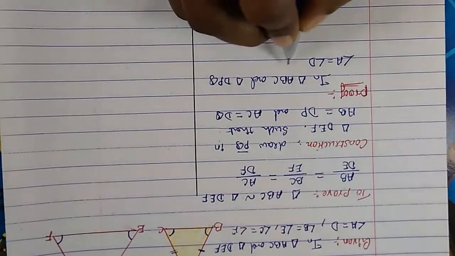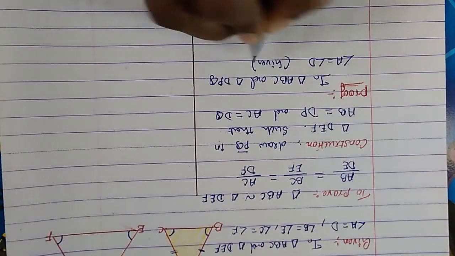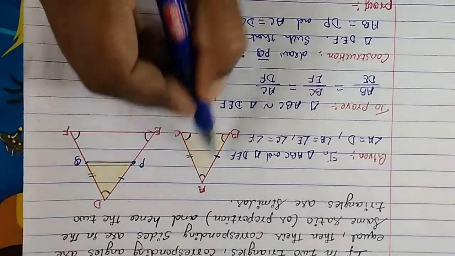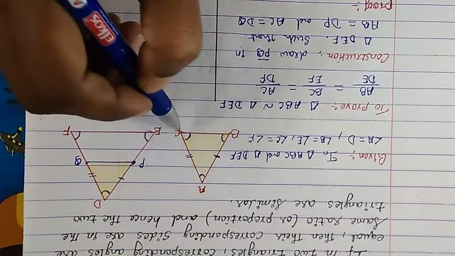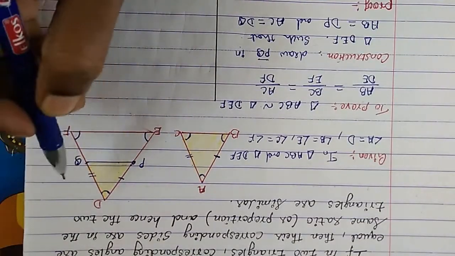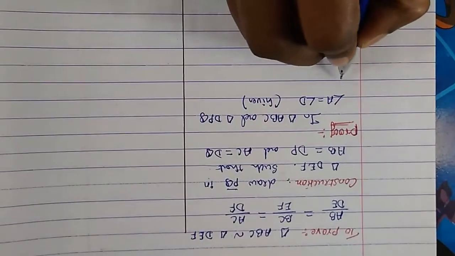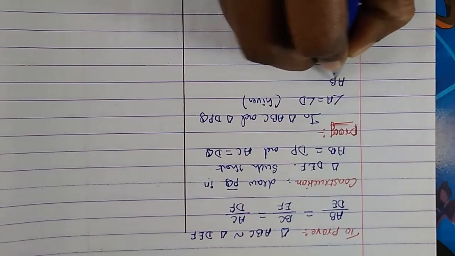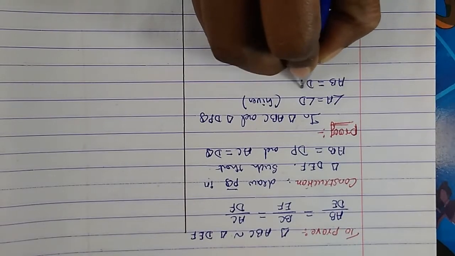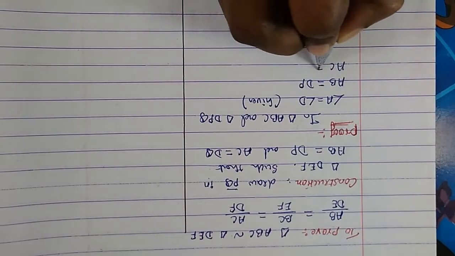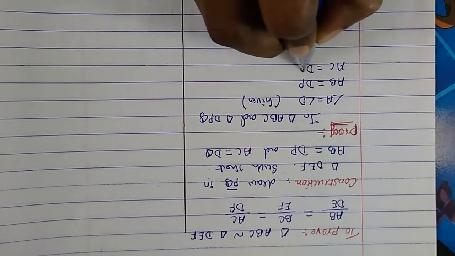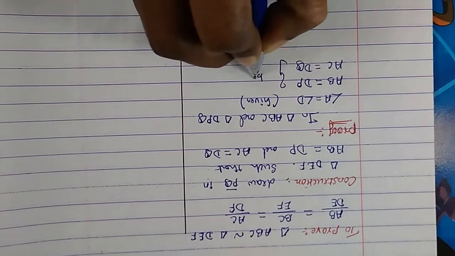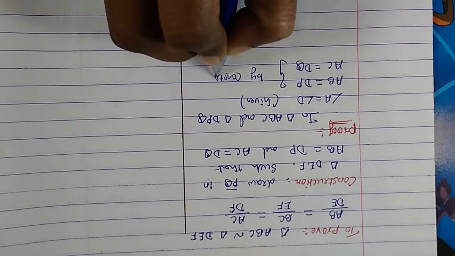Then AB is equal to DP and AC is equal to DQ, because we have constructed this. So both are by construction.